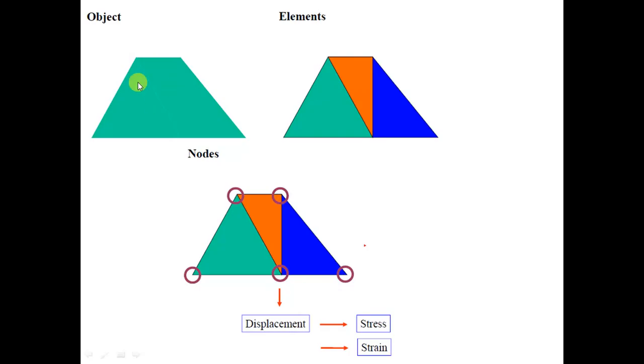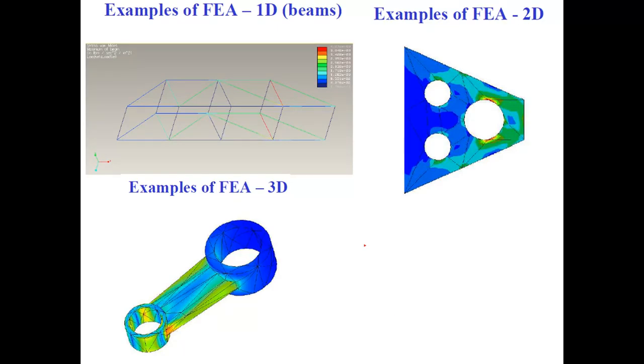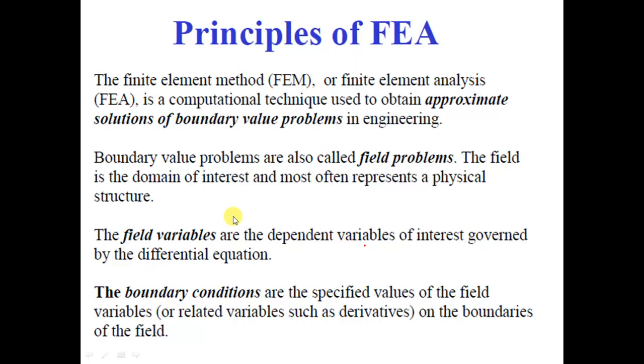Now we can see here, this is the object to analyze. If you divide it, these are the elements 1, 2 and 3, and at the end or in between there are nodes which connect the two elements to each other. You can see here also in the analysis software, 1D element, 2D element and 3D element.